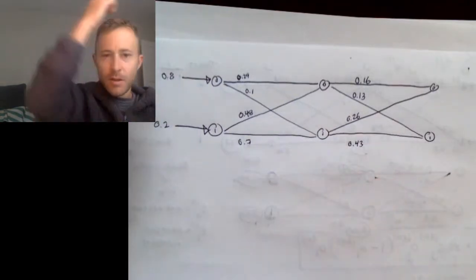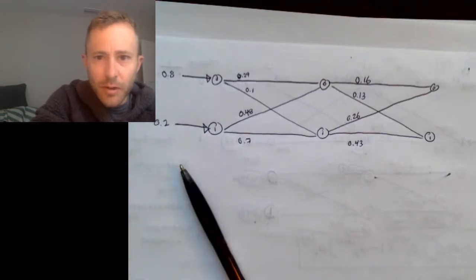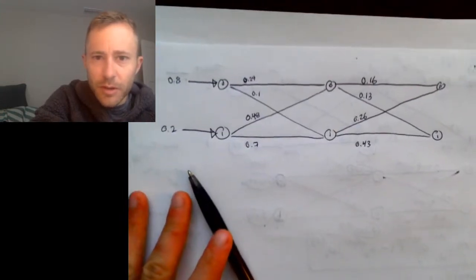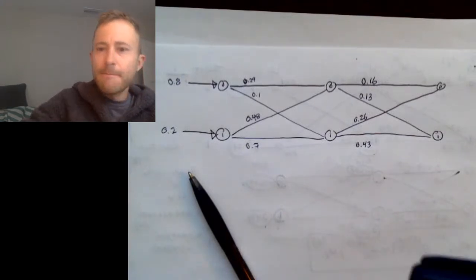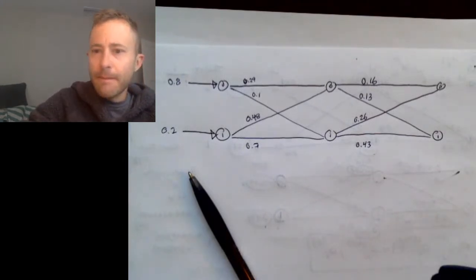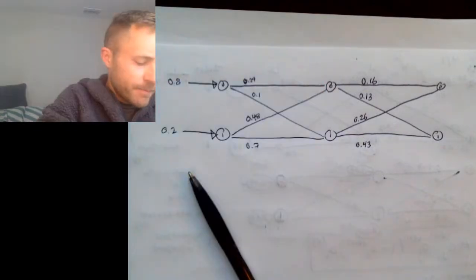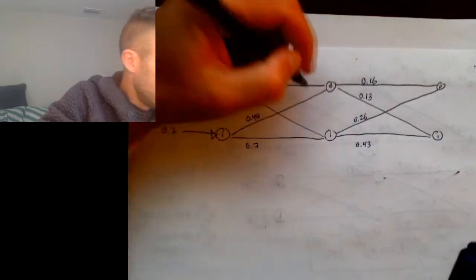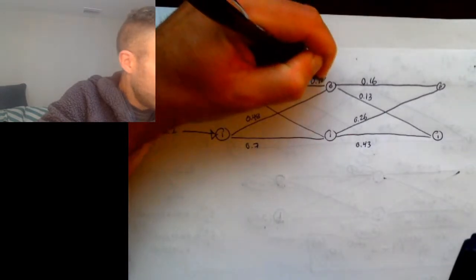I'm going to go through this really quickly because I can imagine you're probably tired of watching me use the calculator. So the input to this one is 0.328.